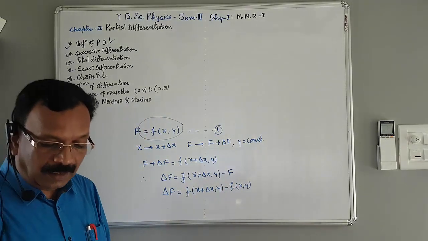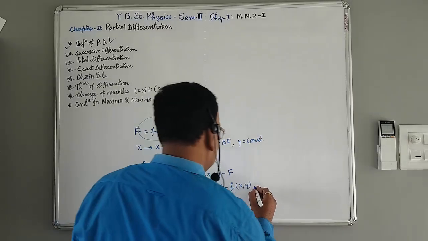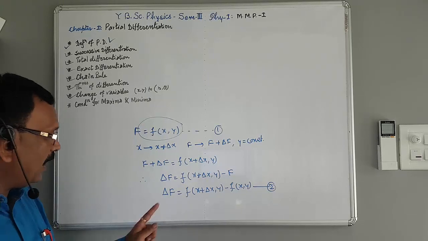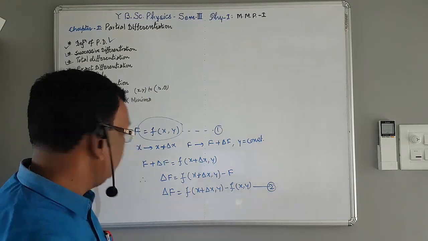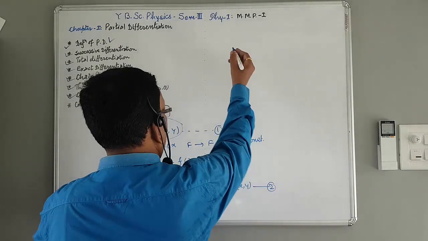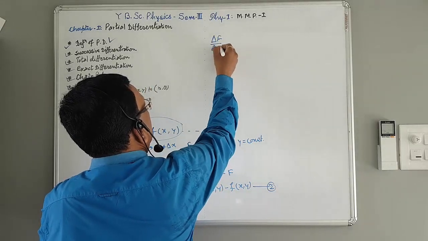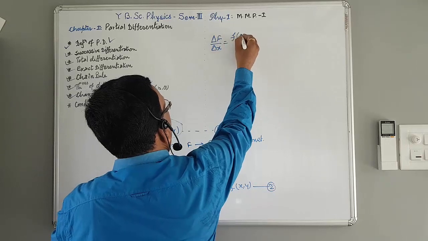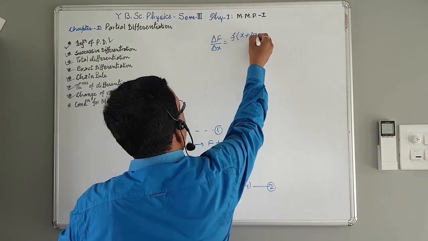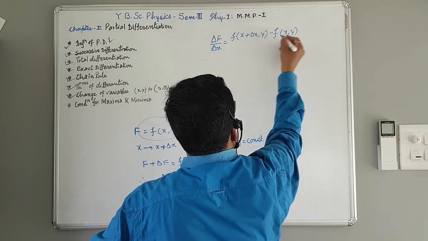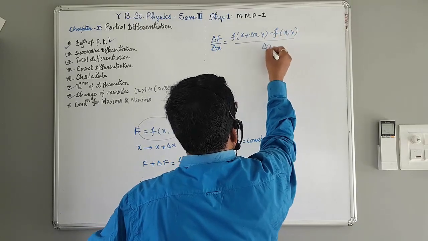Suppose this is equation 2. Now dividing equation 2 by delta x on both sides, we have delta f upon delta x is equal to f of x plus delta x comma y minus f of x, y, upon delta x.